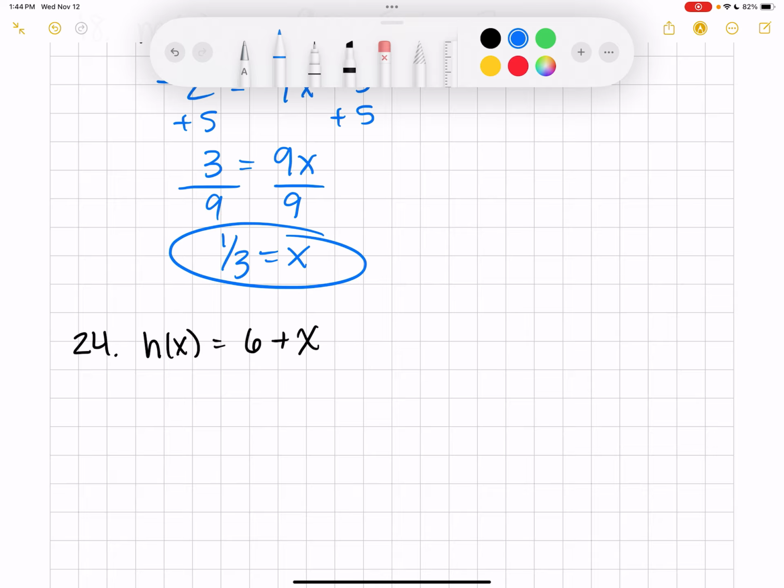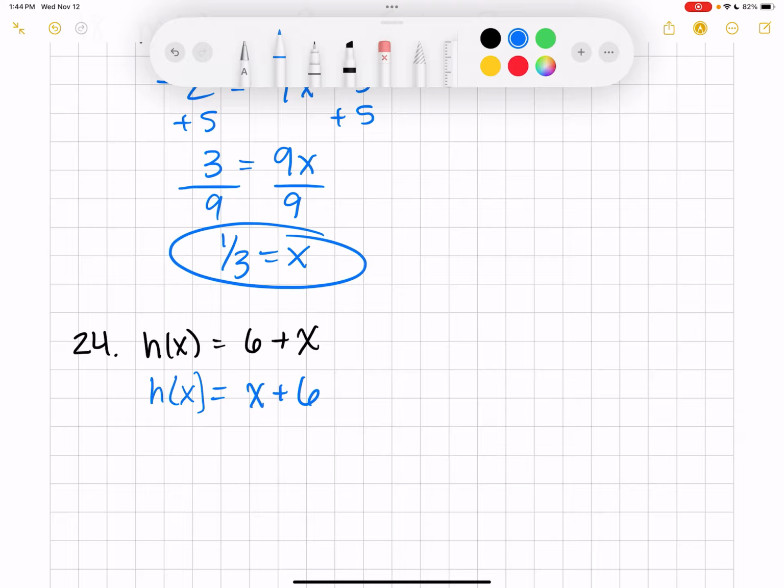So again, this is no different than y equals whatever. The only thing I would do is swap these two things over here so that it's actually in y equals mx plus b, but that's more just a personal preference. So I've got x plus 6 instead of 6 plus x, and this is h of x.